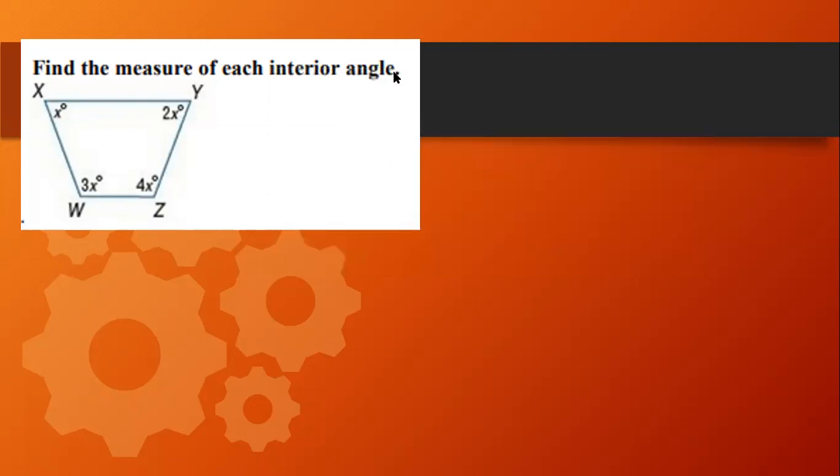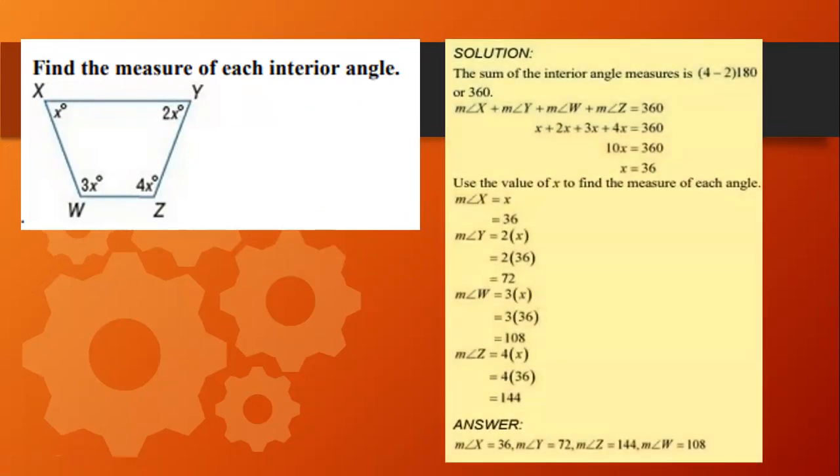Awesome. So if x is equal to 36, then we can clearly see that we can get y, w, and z by simply multiplication. As we see over here, angle x is 36, which we got already.